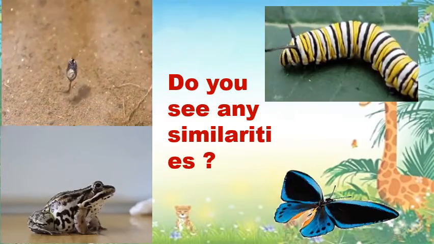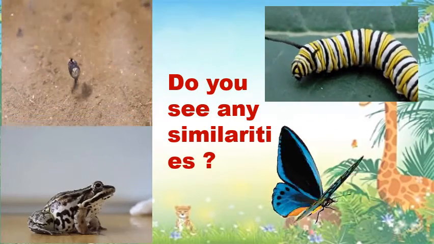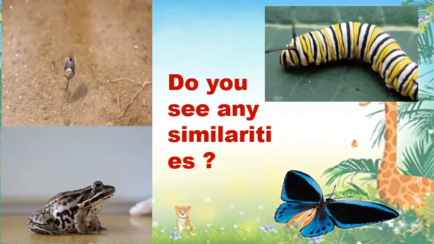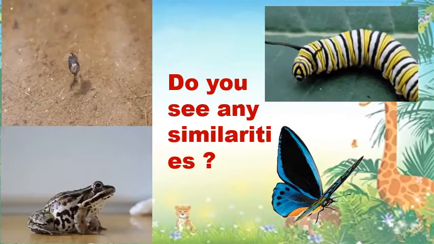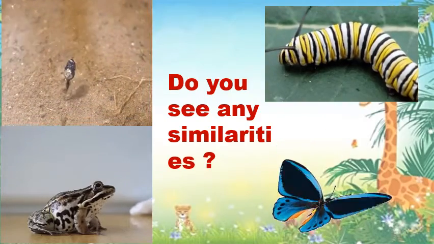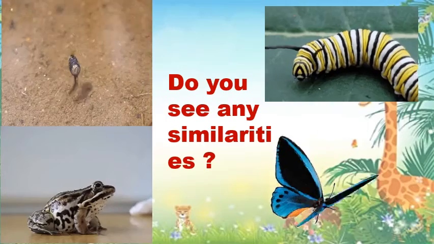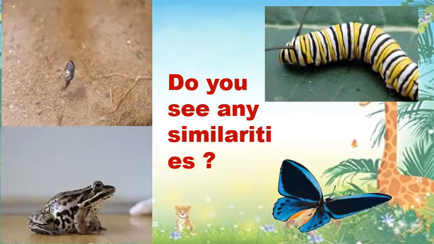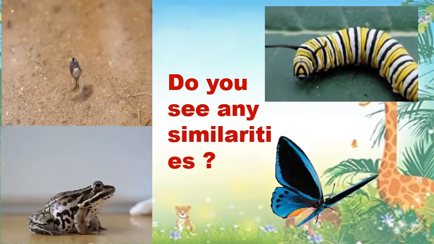Now here, this larva, see its structure and see the adult butterfly. Butterfly has wings, it can fly, but what about the larva? It glides on the leaf.